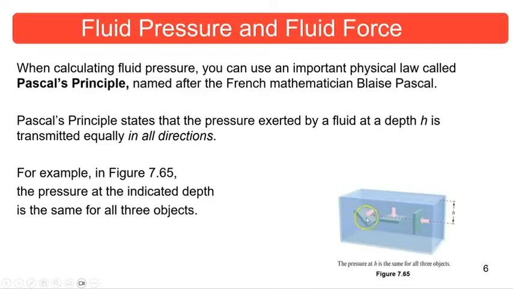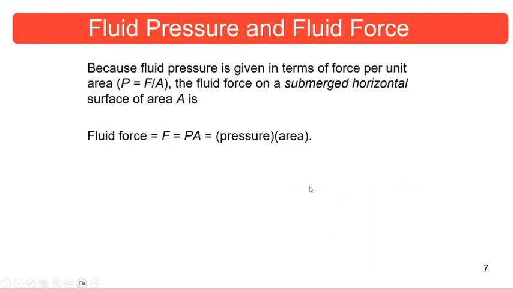Here it's inclined, here it's horizontal, here it's vertical, but all the pressures at that point would be the same. Because fluid pressure is given in terms of force per unit area, the fluid force on a submerged horizontal surface of area A is P times A.